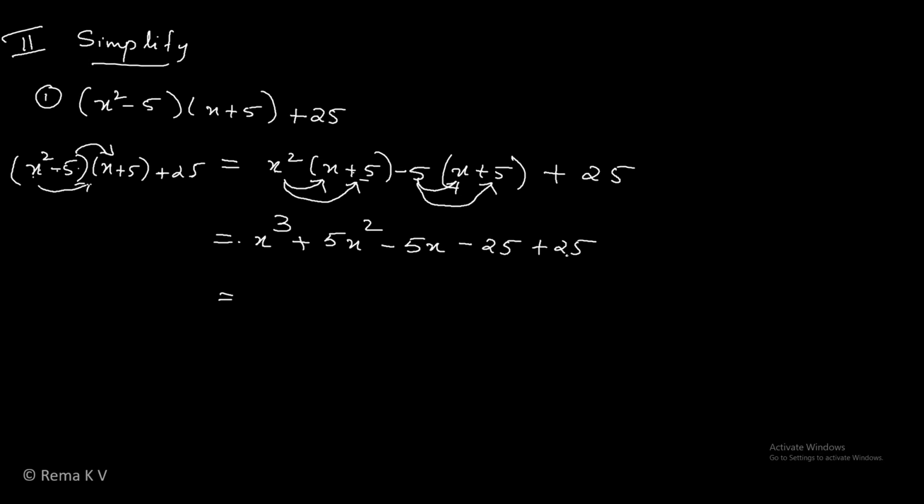So what happens here? These two are like terms. It is minus 25 plus 25 becomes 0. And the remaining terms here is x cube plus 5x square minus 5x. This is the answer.